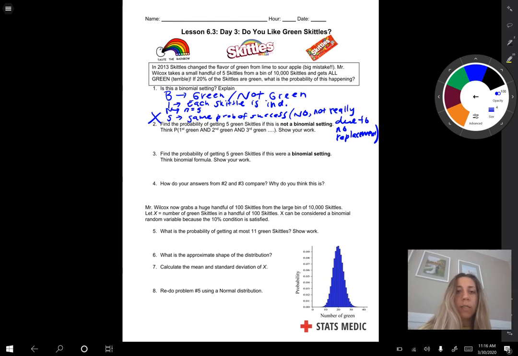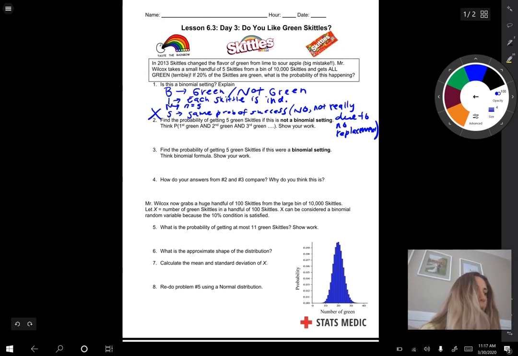So number 2 says find the probability of getting 5 green if this is not a binomial setting. So in this case, if there are an even amount, there would be 2,000 green in that bag of 10,000 Skittles, since there's a 20% chance of them being green.